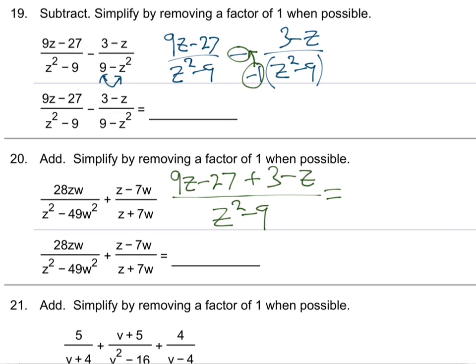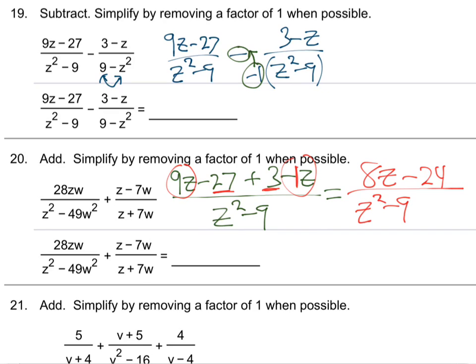So I can do one fraction now. Don't need 2 anymore as soon as the denominators mesh. So what does this make? 9z minus 1z, 8z, minus 27 plus 3, minus 24.